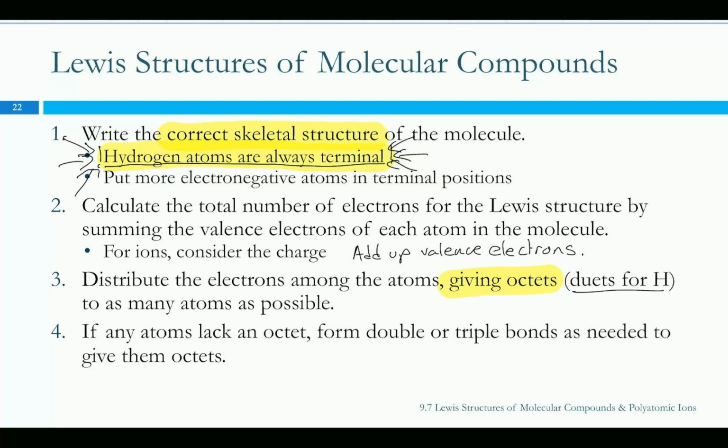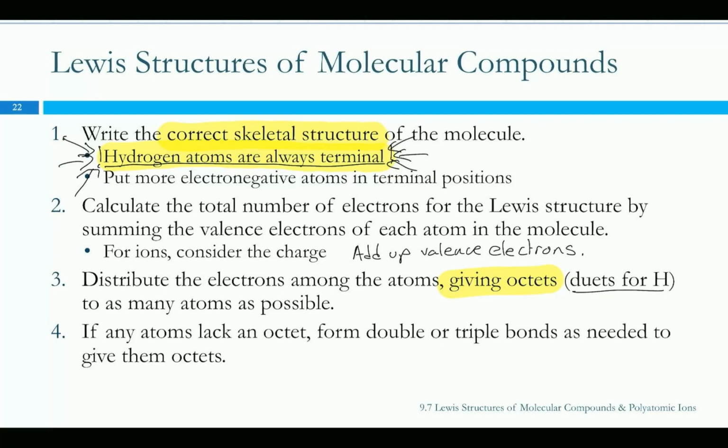Basically, hydrogen gets its one bond, and we want to give octets to as many atoms as possible. That doesn't mean evenly distributing all the electrons around everything, but you start with one terminal atom that's not hydrogen, and you give it 6 more electrons so it has an octet. And then you move on to the next terminal atom, you give it 6 electrons so it gets an octet, until you run out of electrons.